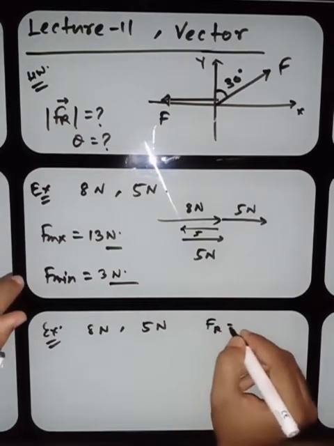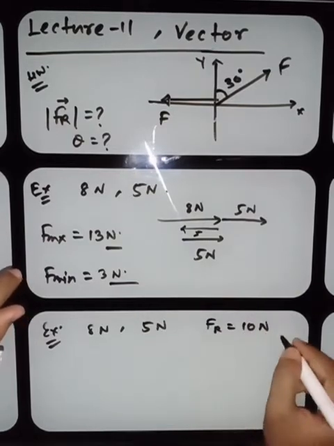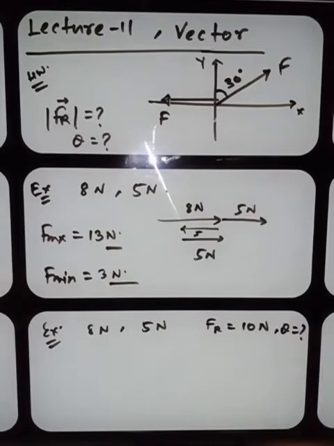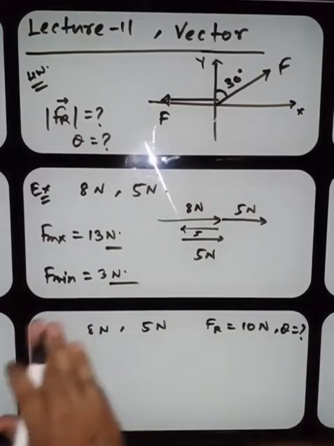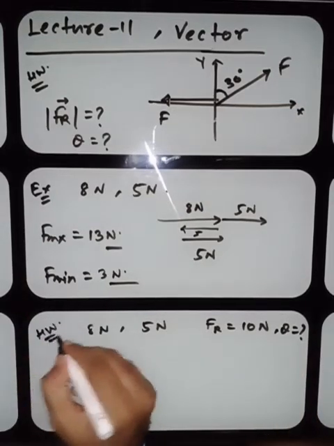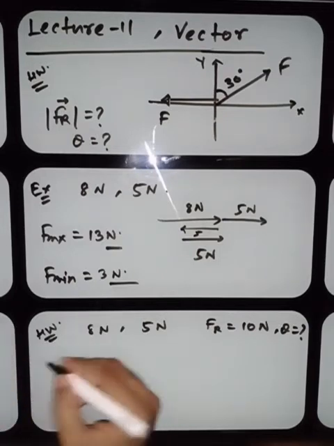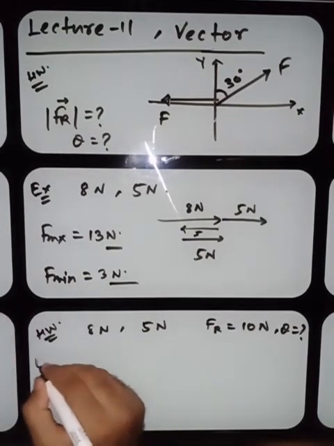You need to find the angle so that the resultant is 10 Newton. Could you solve, my dear students? If you can solve, this is your homework. Try to solve. It is a very simple question.